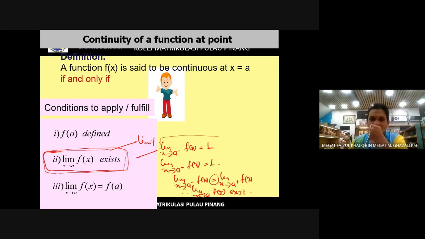So ini syarat untuk had, the condition of limit. Please refer to 8.2 if I'm not mistaken.